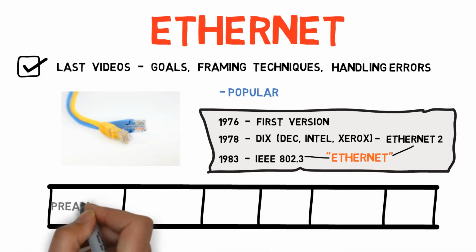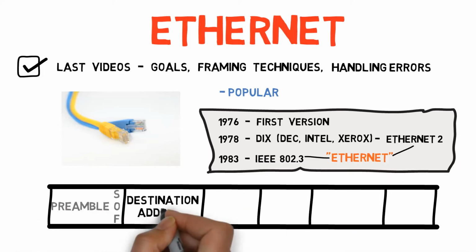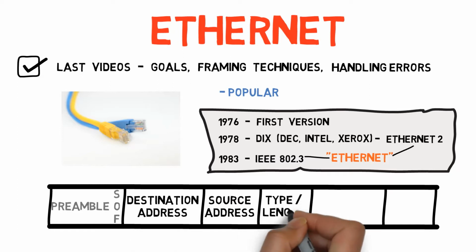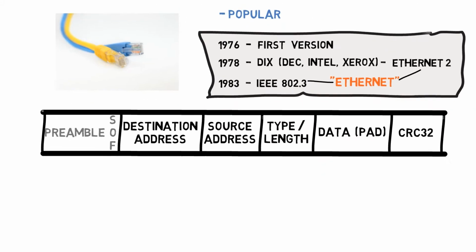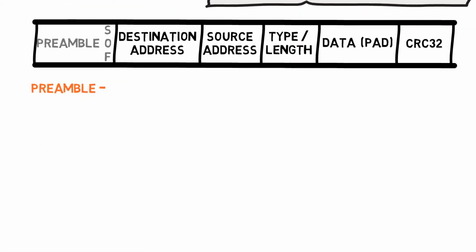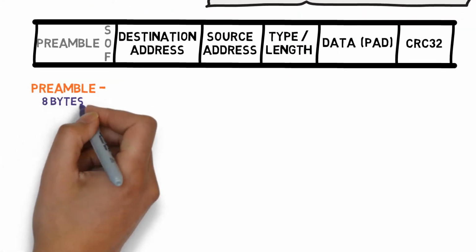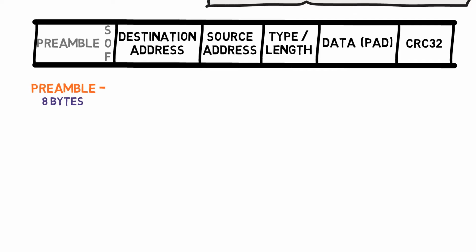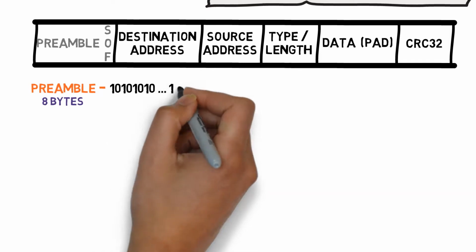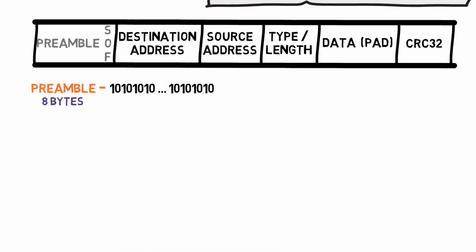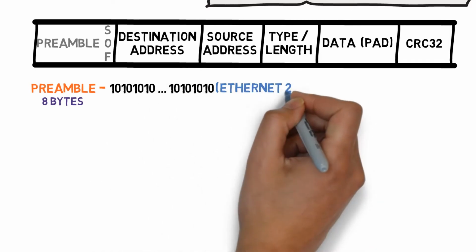Let us consider the Ethernet frame format. We should get used to this kind of drawing, as we'll see many of them along the way. Don't worry if this looks complicated, we'll explain every bit and byte shortly. First comes a preamble of 8 bytes, each containing the bit pattern of alternating ones and zeros, that is 10101010. In Ethernet 2, all 8 bytes had this pattern exactly.